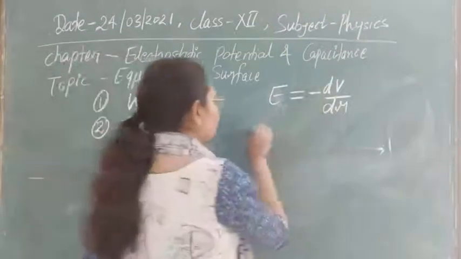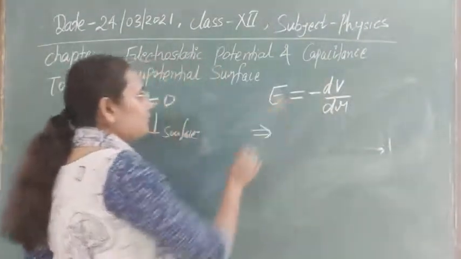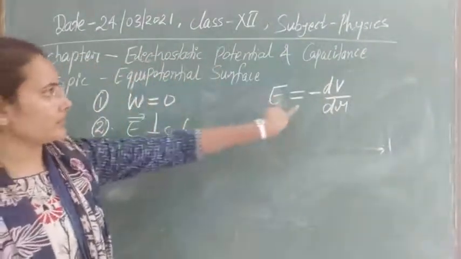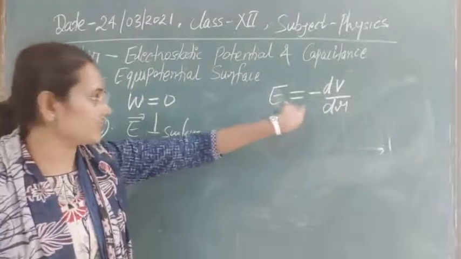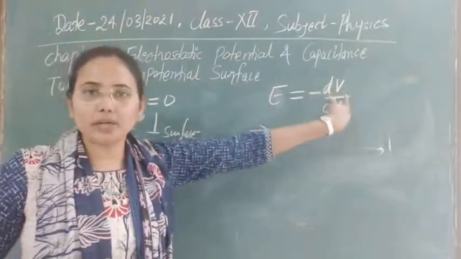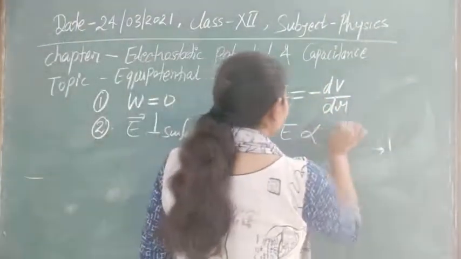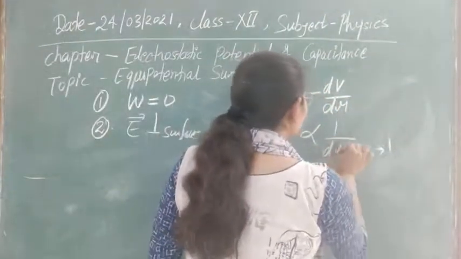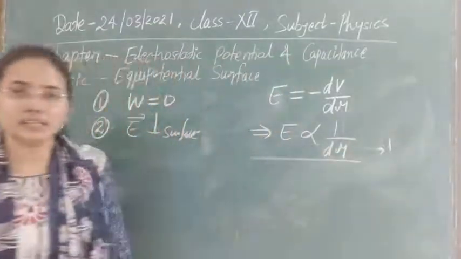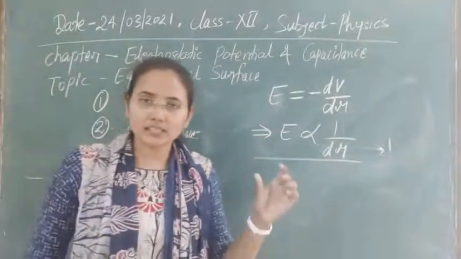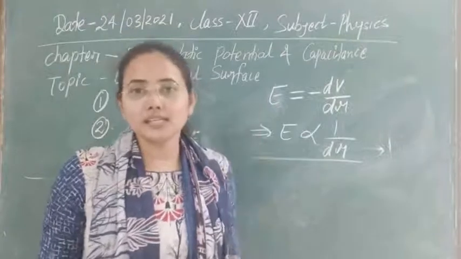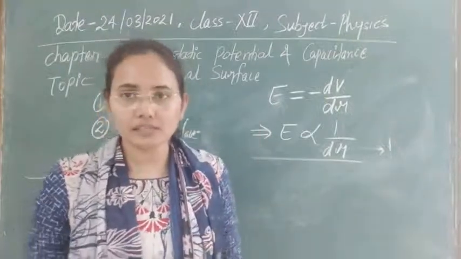In this formula, there is no change in potential, meaning potential is constant in the case of an equipotential surface. So E is inversely proportional to the change in distance, and this dr is the distance between any two equipotential surfaces here.